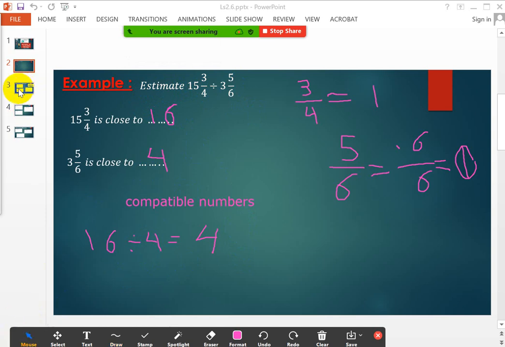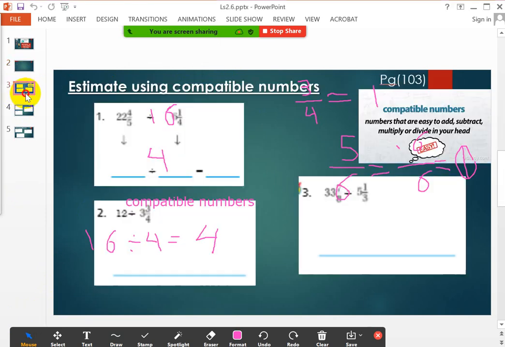Now open your book on page 103. Let's start with the first example on this page.